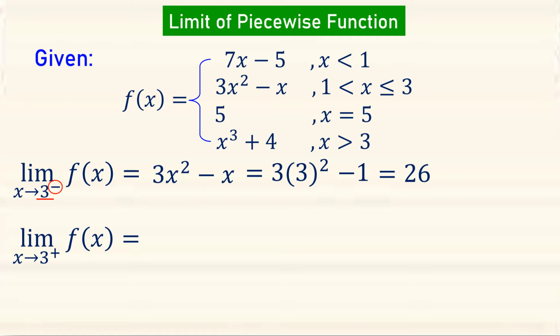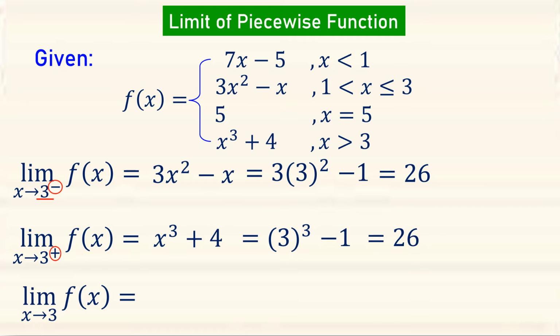Now let us determine the limit of f of x as x approaches 3 from the right. So in here, if it is plus or positive, we are going to have x is greater than 3. Then we are going to use x to the third plus 4. So in here, we are going to substitute the value of your x, which is 3. So 3 to the third is 27 minus 1 is equal to 26.